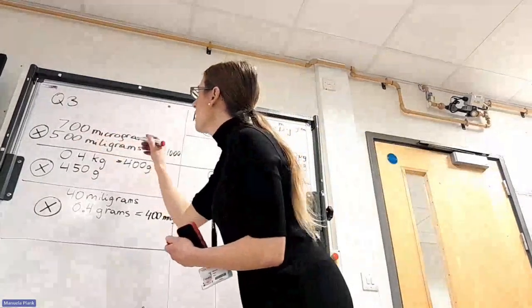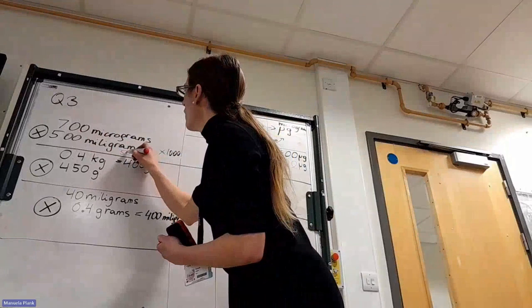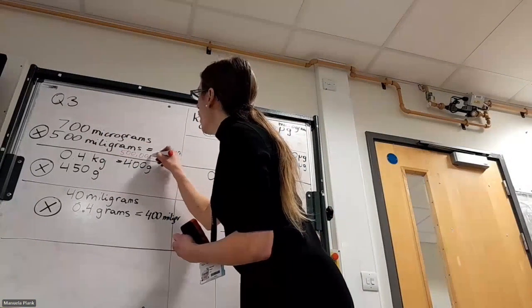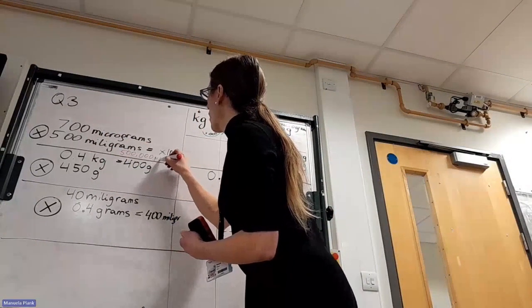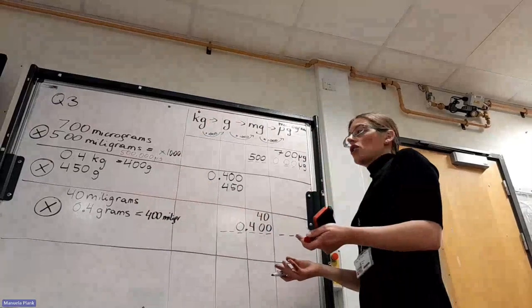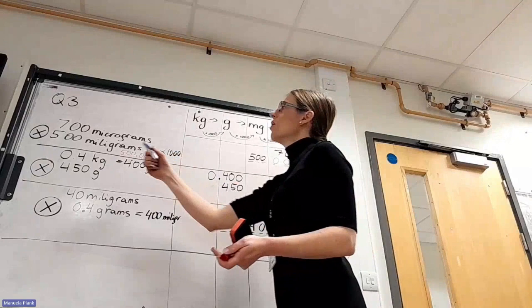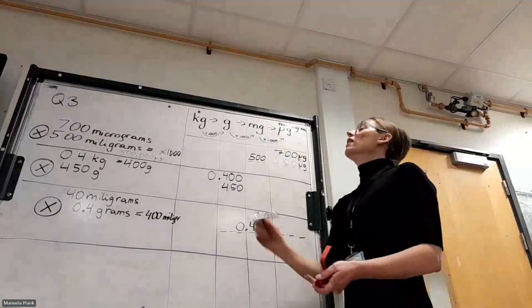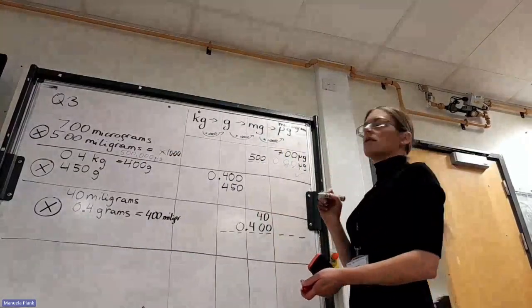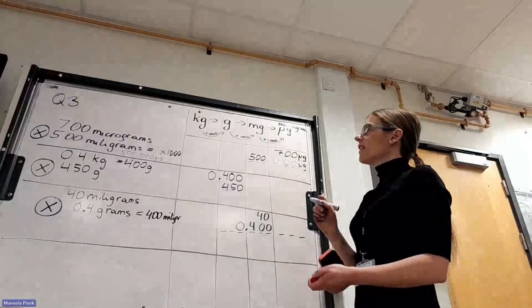So 500 milligrams equals 500,000 micrograms. And now we can check what is bigger, 500,000 micrograms or 700. It's 500,000, yes, that is bigger.